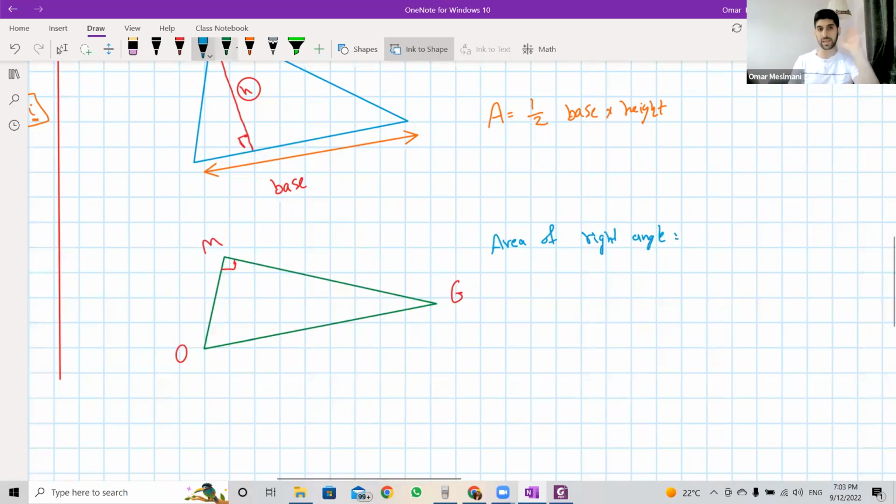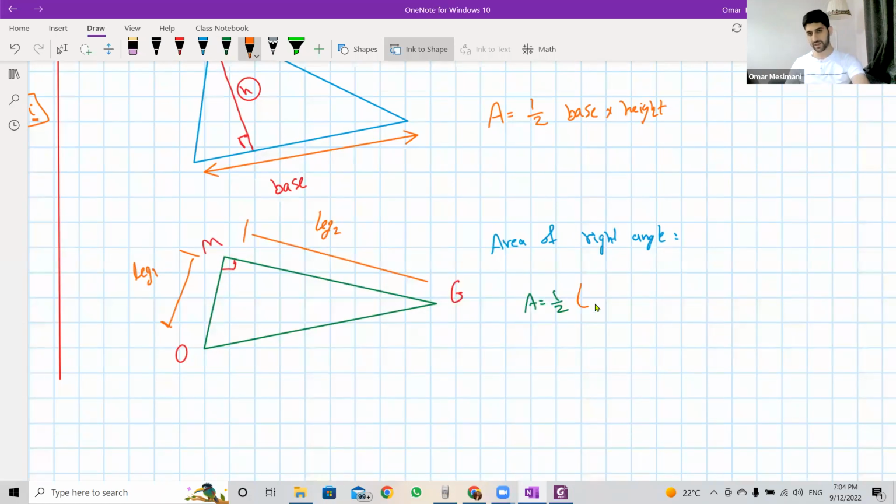It's exactly the same thing. The area will equal 1/2, but now we don't have a base and a height. In a right angle triangle, we call this one leg number 1 and this one leg number 2. So it is leg number 1 multiplied by leg number 2.